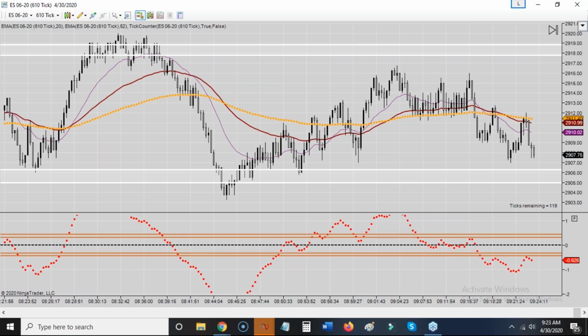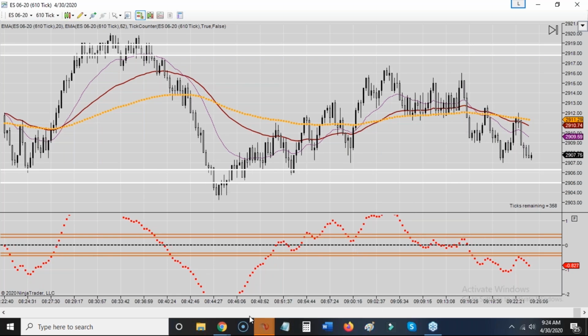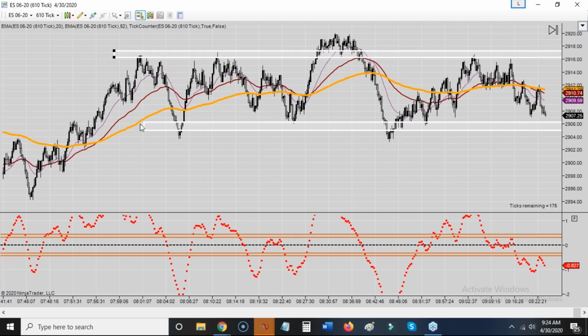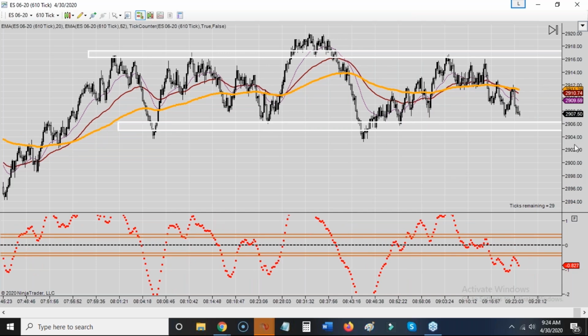I find that the MACD is the least lagging indicator that I have ever seen, to be honest with you, because when it starts to lose strength, even before the market actually shows us that it's losing strength, that's when I know that something is about to change. When there is divergence in the market, I know that something's already going on. So I really pay attention to that. However, when you're in a sideways market, it changes quite a lot, right? Because you're just bouncing back and forth, and until that is broken, it's very hard to do much with it.